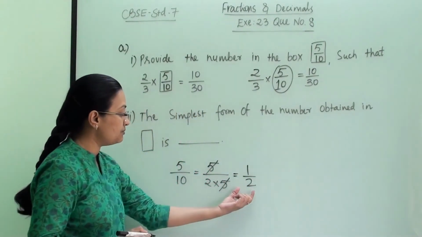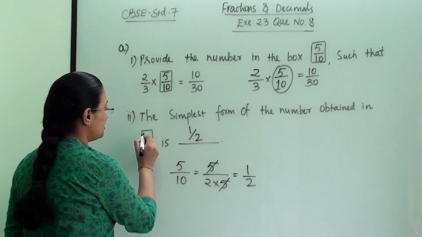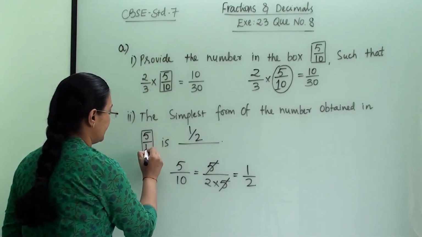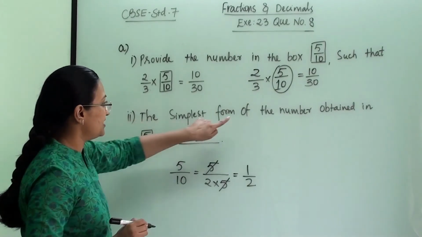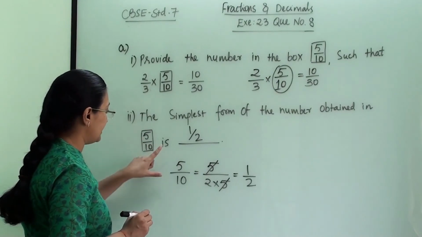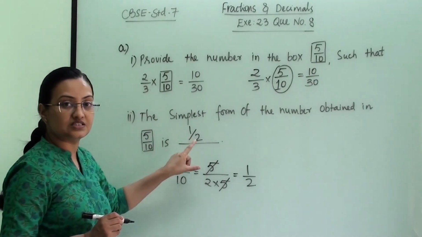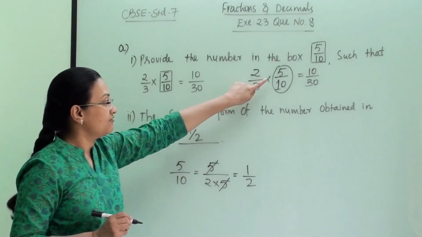So this is the simplest form of the number. So 1 by 2 is the simplest form of 5 by 10.